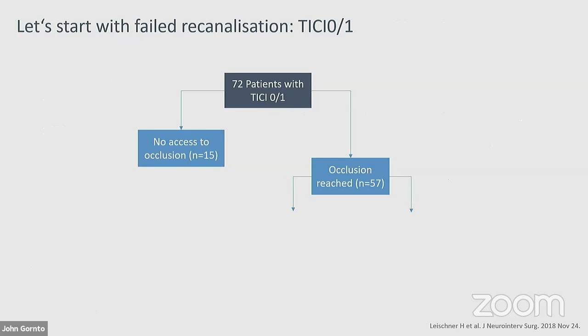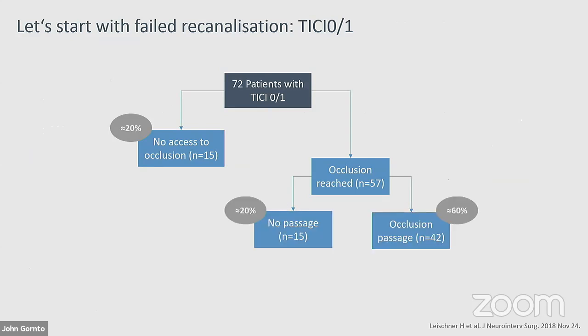So what are the reasons why thrombectomy doesn't work? This is our own experience from our center. We are one of the leading centers in failed recanalization. We have 72 patients, and the reasons were these: we didn't achieve access to the occlusion in 15. We reached the occlusion in 57 of these. So about 20% of all TICI 0/1 failed recanalizations had to do with access.